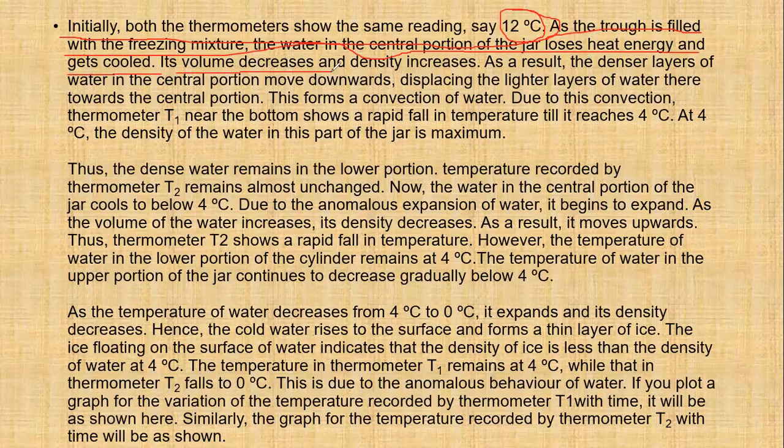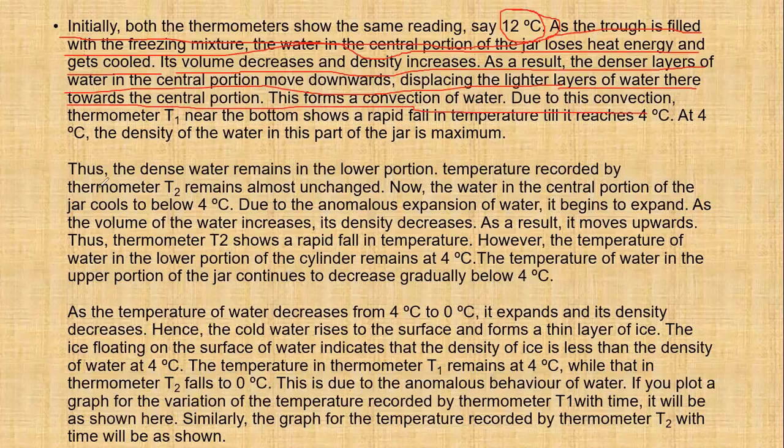Its volume decreases and density increases. As a result, the denser layer of water in the central portion moves downwards, displacing the lighter layer of water towards the central portion. This forms a convection of water.